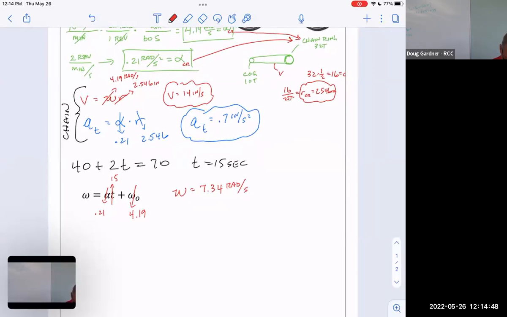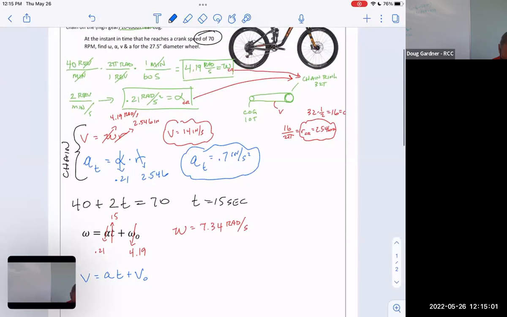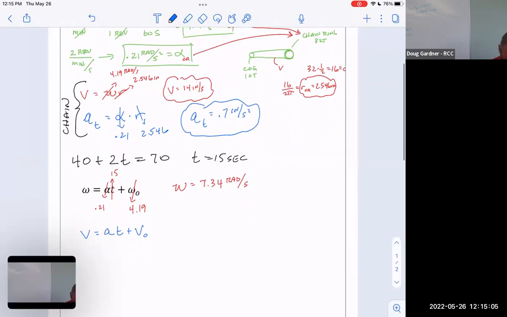Don't we have the analogous linear velocity equation that says if you take acceleration times time plus the initial velocity, then you'll know your final velocity? Didn't we just figure out the velocity of the chain was starting out 14 inches per second?